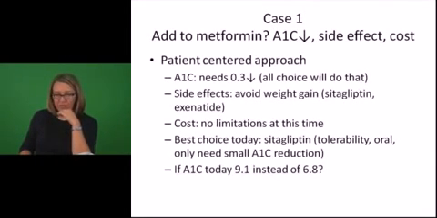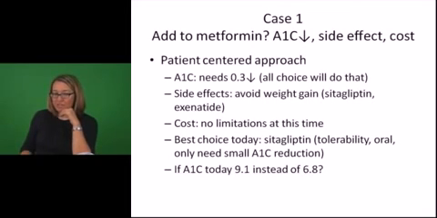He's pretty close. The side effects: he wants to really avoid weight gain. He's obese and he's trying to lose weight. So if all these agents are going to get you to your goal, then you might want to pick an agent that doesn't cause weight gain. And of those choices I listed, the sitagliptin, the DPP-4, or the GLP-1 agonist is not going to cause weight gain and may actually cause some weight loss.